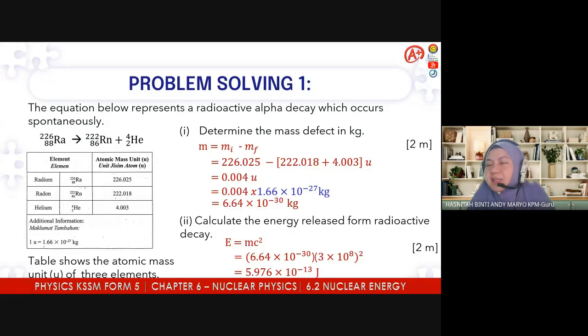Answer for number 3, the explanation: there is a large mass defect, and this mass defect converts into energy, where the total energy produced is calculated by E equal mc squared. That is the explanation.